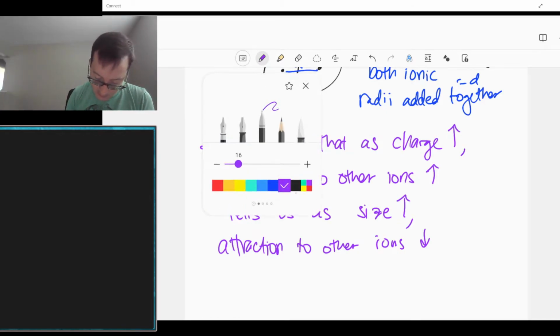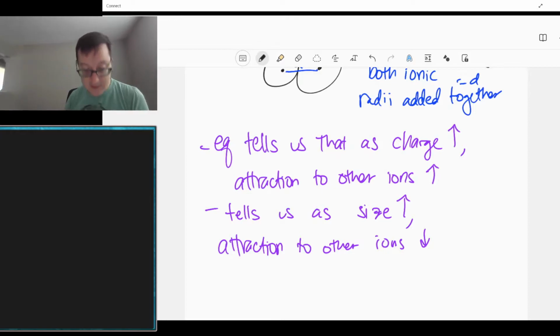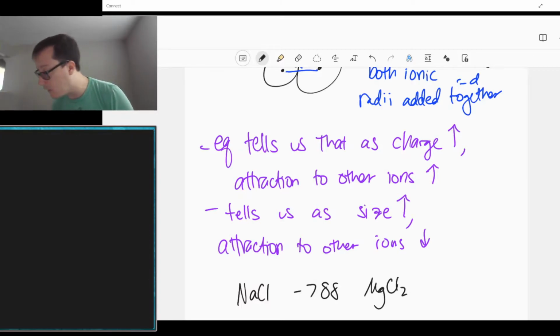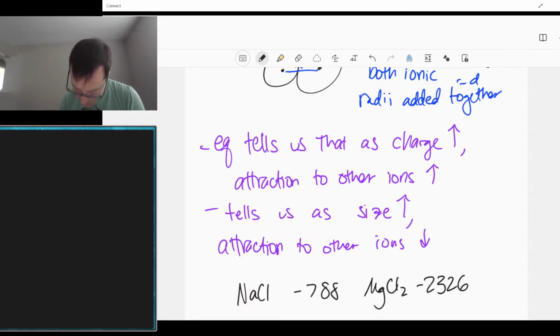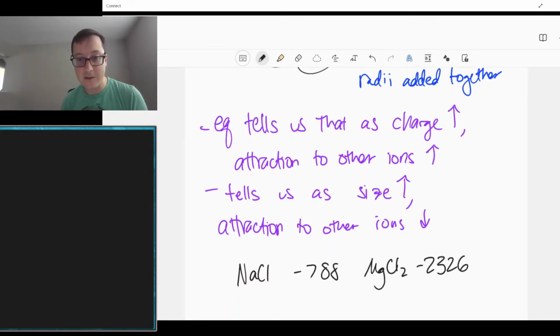And so if we take a look at a couple more examples, we can see that. Let's look at sodium. Sodium chloride had negative 788. Magnesium chloride, on the other hand, is 3 times as much, right?